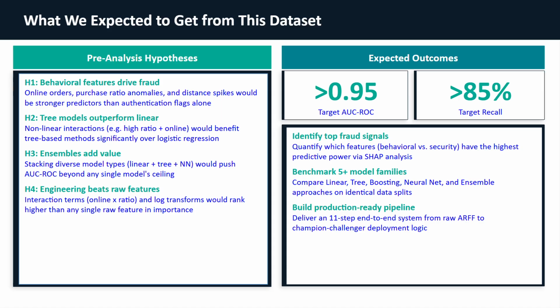Before the analysis, we have some hypotheses: certain behavioral features can drive fraud, such as online purchase, purchase ratio anomalies, and distance, which would be strong predictors rather than the authentication flags alone.